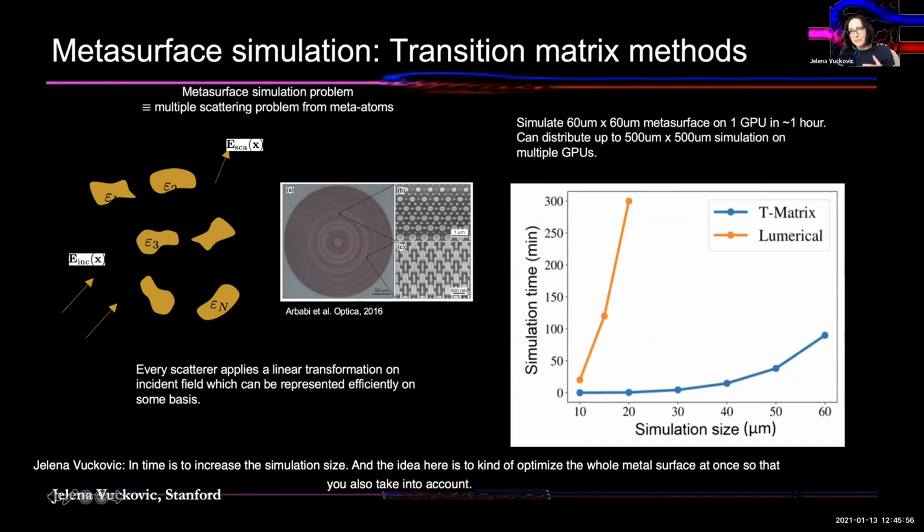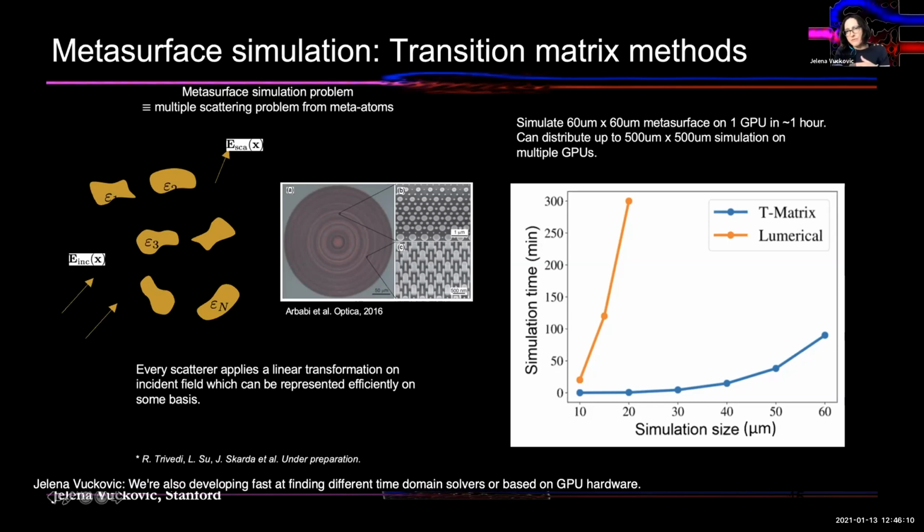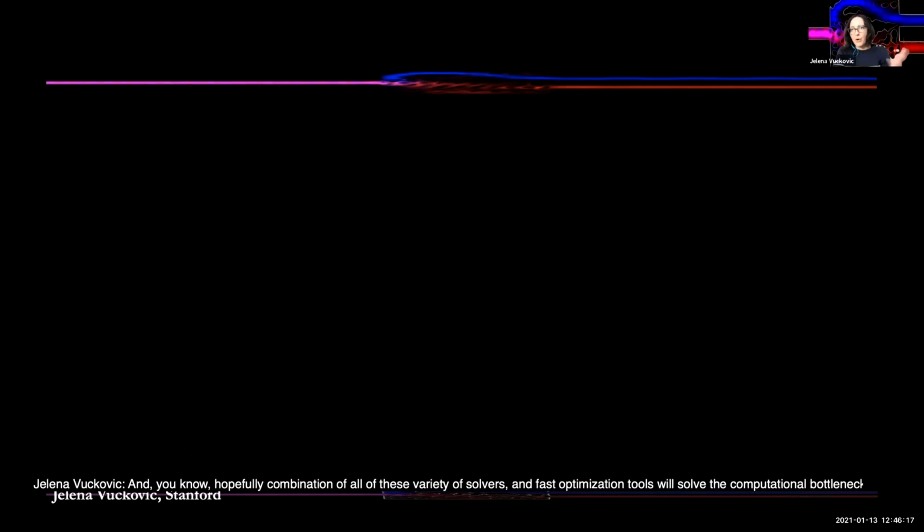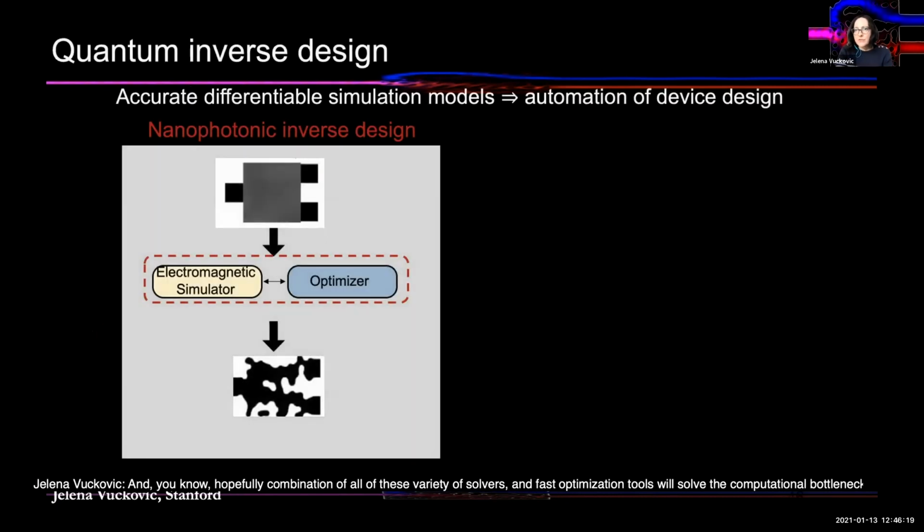The idea here is to optimize the whole metasurface at once so that you also take into account any neighbor interactions, instead of doing it element by element or cell by cell as people are doing now. We're also developing fast finite difference time domain solvers based on GPU hardware, and hopefully the combination of these variety of solvers and fast optimization tools will solve the computational bottleneck.